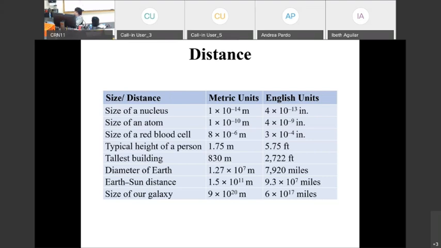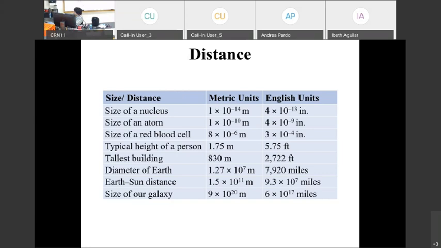So that's why, as you probably have heard, in astronomy, for the solar system, we use something called astronomical units to measure every distance within the solar system. An astronomical unit, just for you guys to know, is the average distance between the Earth and the Sun.